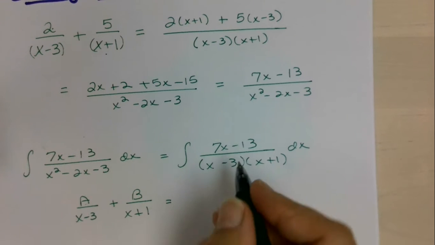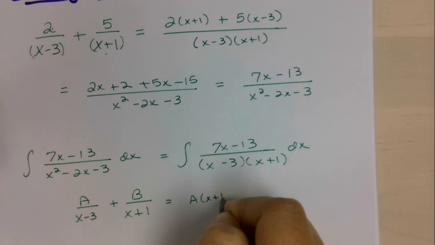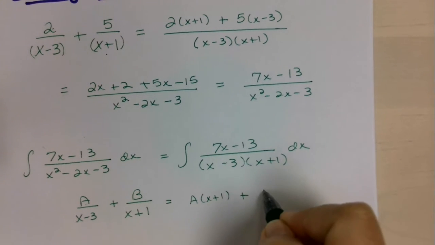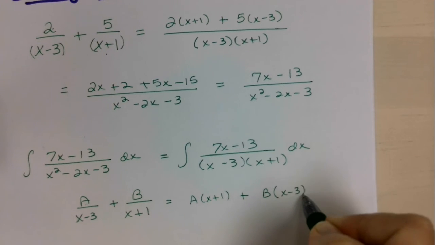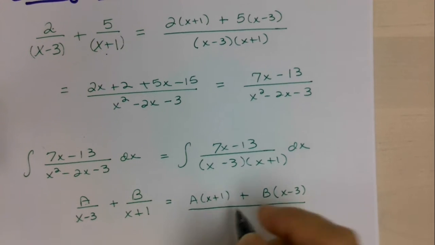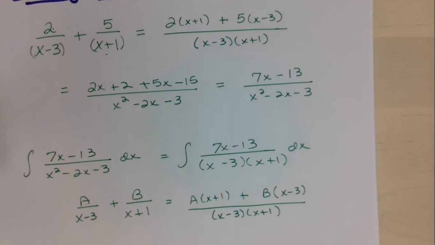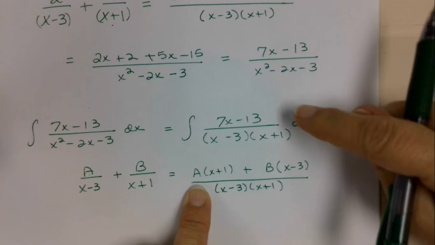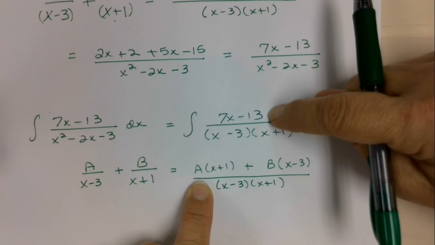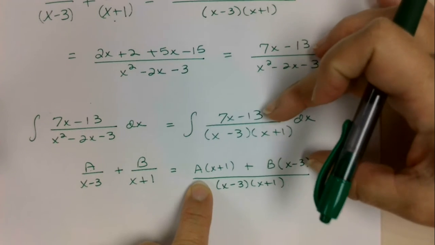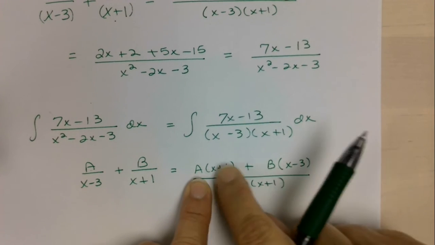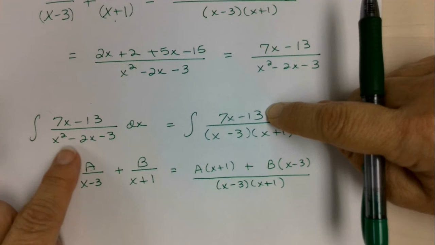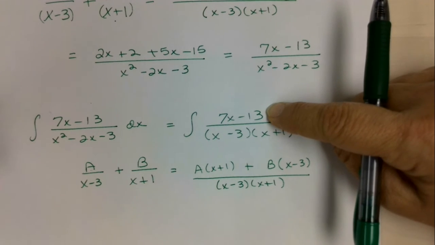I'm going to multiply the x plus 1 over here, A times x plus 1, plus B times x minus 3, and that's all going to be over x minus 3 times x plus 1. So here's what I want. I want this numerator to be equal to this numerator. Because if I can figure out what A and B are so that this expression equals this expression, then I can rewrite my original integral into something that I can integrate.